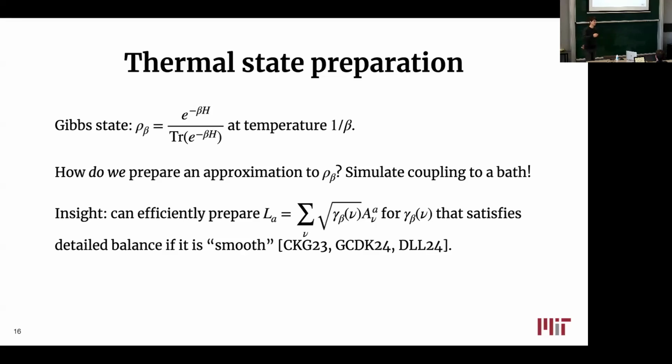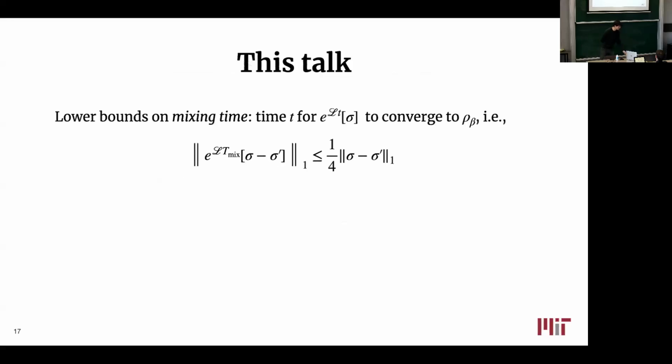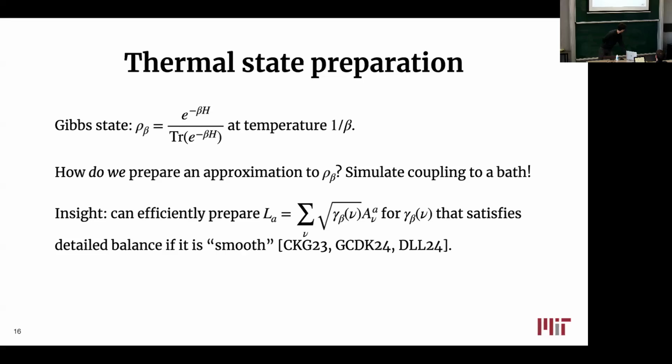Now you have to introduce a coherent term, but the coherent term is also written in a very similar form. And so your entire algorithm will depend only on things like a degree 2 polynomial in A_nu^a's. This is also going to give us a hint as to what kind of locality we are looking for in the algorithm, where the Lindblad operators are just written as sums of A_nu^a.